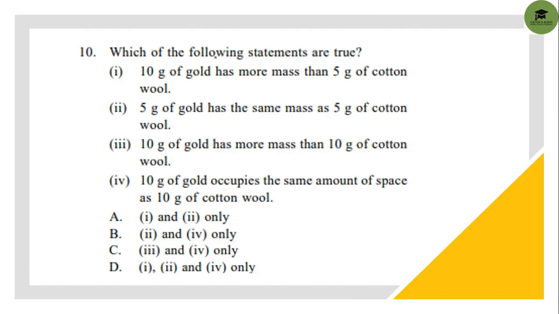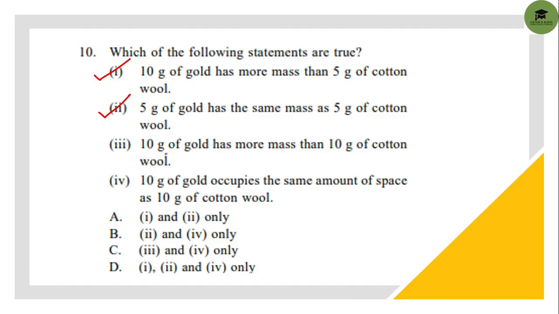10. Which of the following statements are true? Option 1, 10 gram of gold has more mass than 5 gram of cotton wool. Yes, this is correct. Option 2, 5 gram of gold has the same mass as 5 gram of cotton wool. Yes, this is also correct.